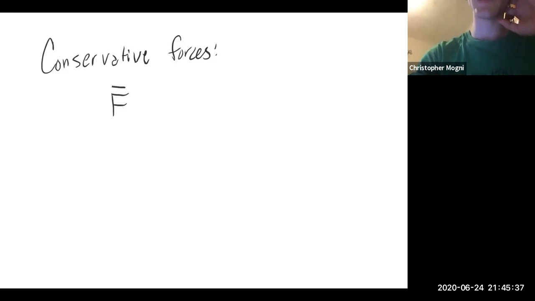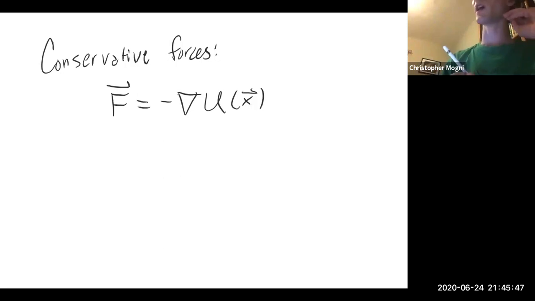Cool. So how do we go about doing this? For conservative forces, the definition of a force, and this is in multiple dimensions, is the force is equal to the negative gradient of U, which is a function of the different coordinates in your system.